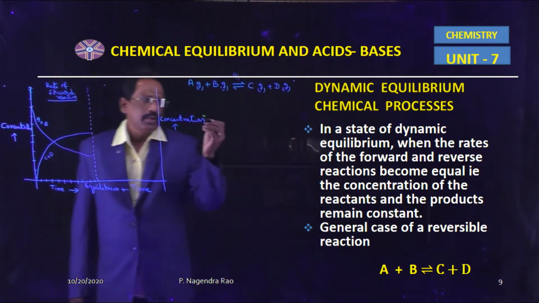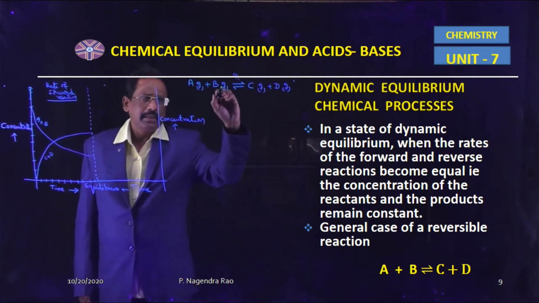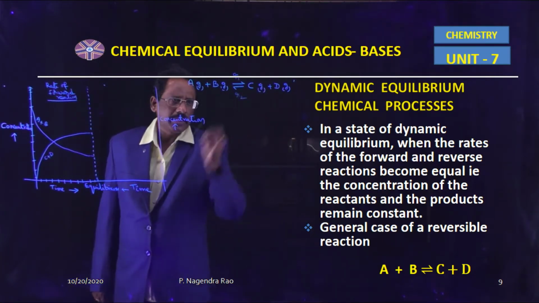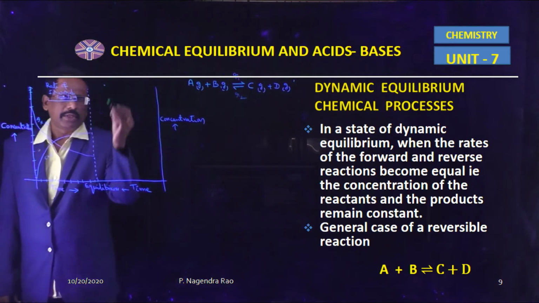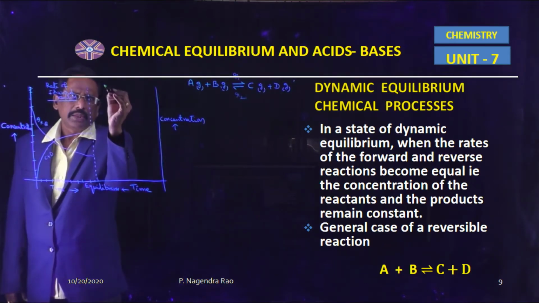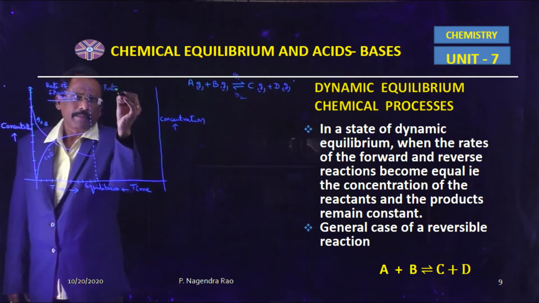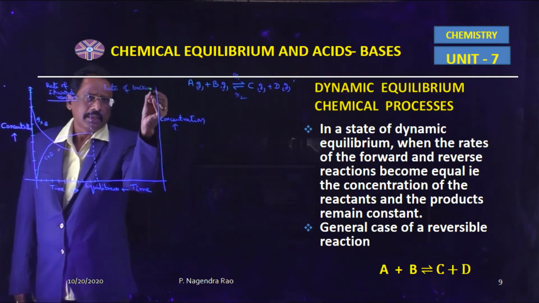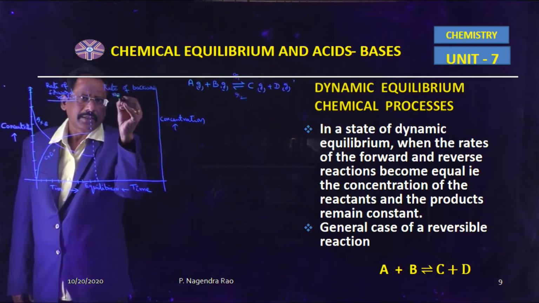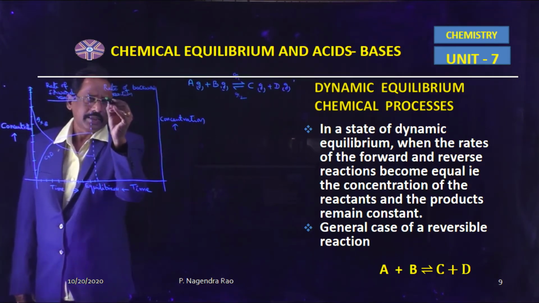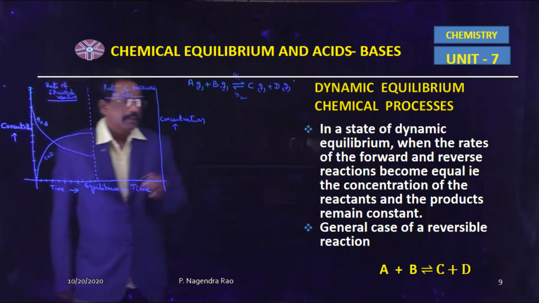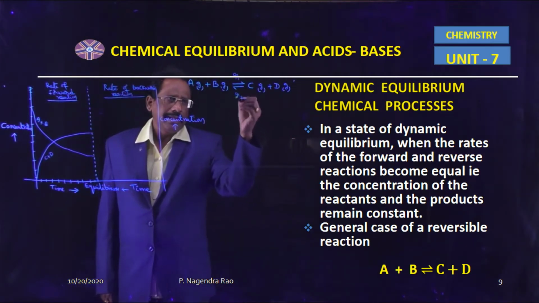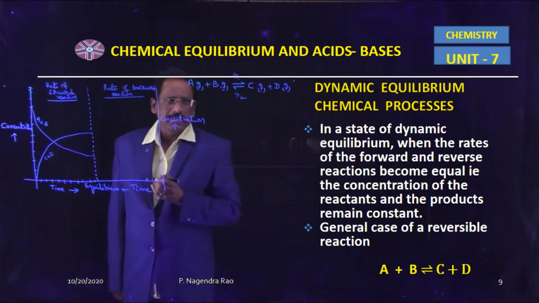Now, if you consider the reverse of this reaction, that means the backward reaction. If R2 is the backward reaction, now the rate of backward reaction is like this. In this backward reaction, now in the reactant side there are C and D gases.